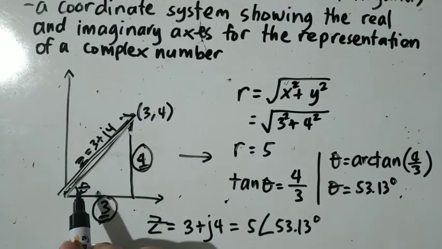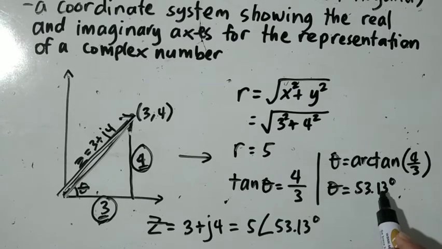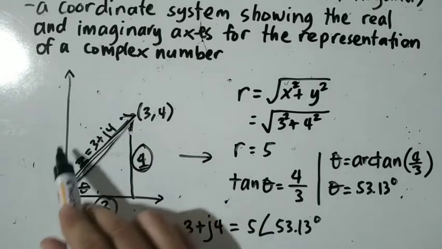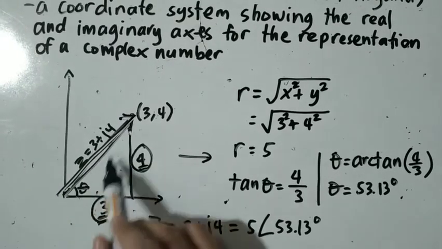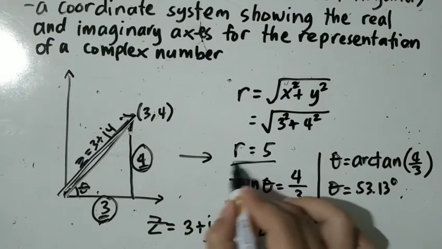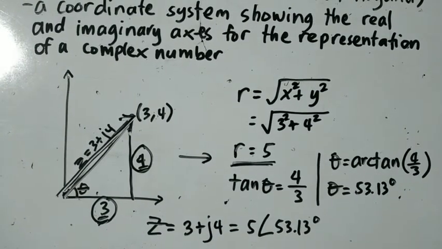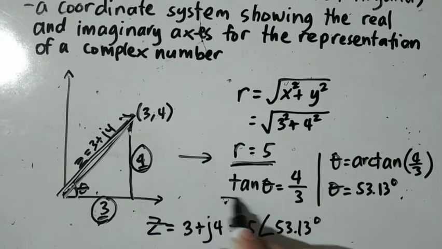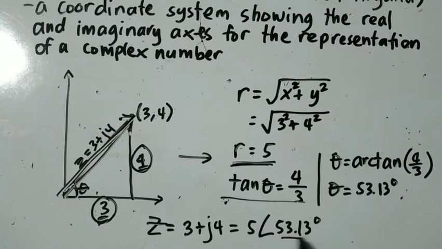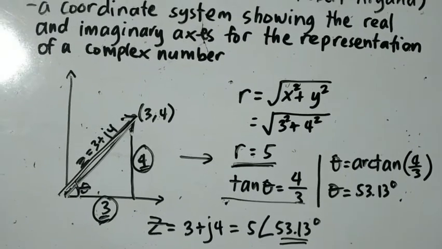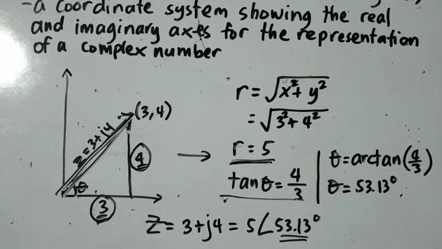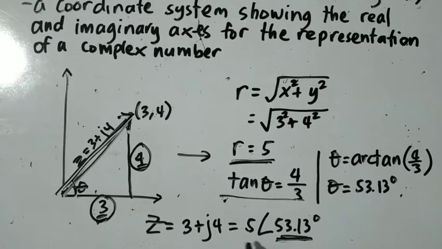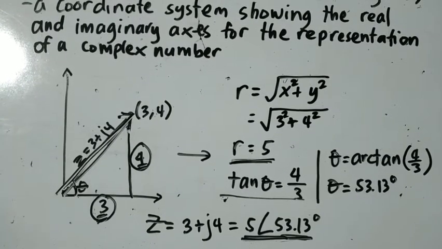Then you can convert that into its polar form by simply taking the magnitude, or the hypotenuse, which represents the magnitude of the complex number in polar form, and then taking the angle using the trigonometric function tangent, which represents the argument, or the displacement, of the complex number in polar form.